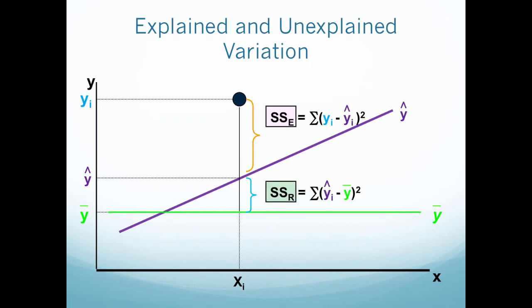My SSR value then, my regression sum of squares, is going to be equal to the predicted value minus my mean value. So that is the distance, or that's the value right here, my SSR. Then in turn, my SST is going to be the distance from my data point to my mean y point. So I hope that kind of helps you see that SST is equal to SSE plus SSR.